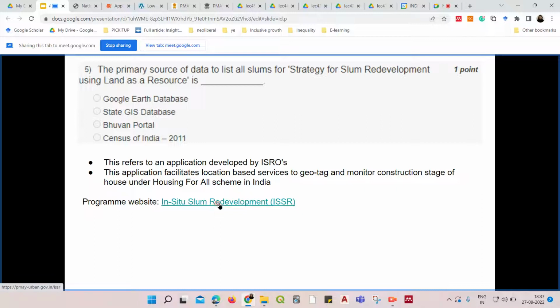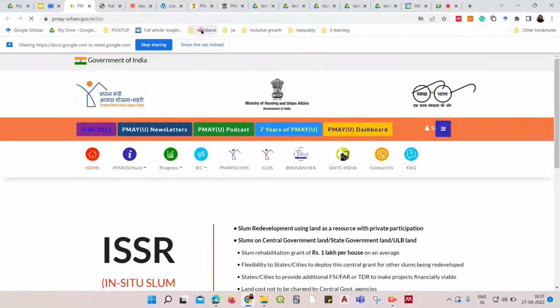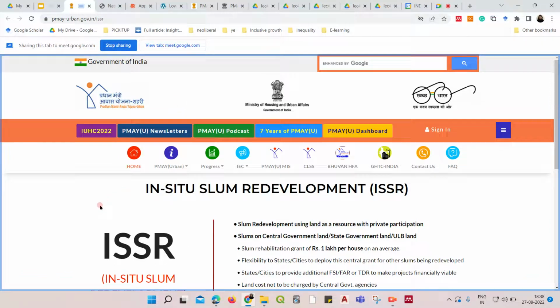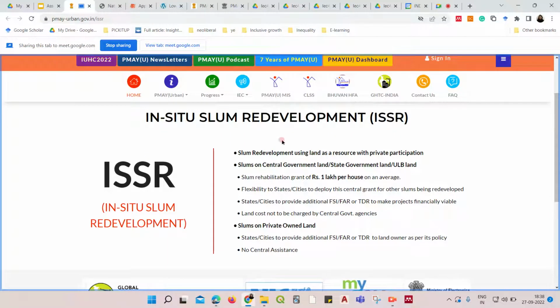I've provided the website link again for this program. You can visit the website here, and you can see the key aspects of this program. One thing you need to pay attention to is that it is in situ slum redevelopment. So it means the slum redevelopment will occur in the place where the slum is located.